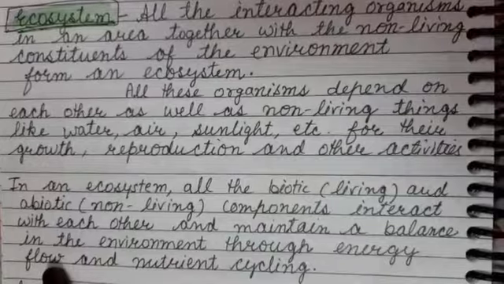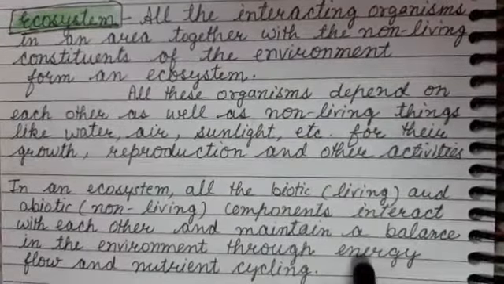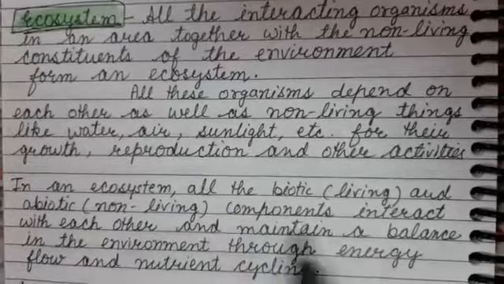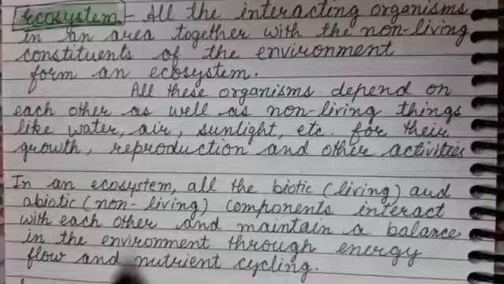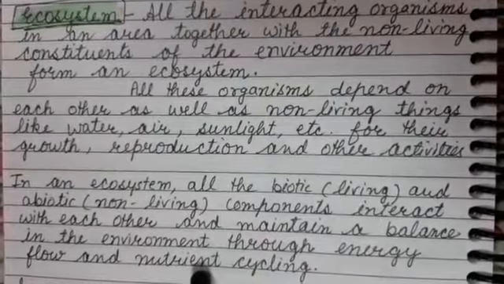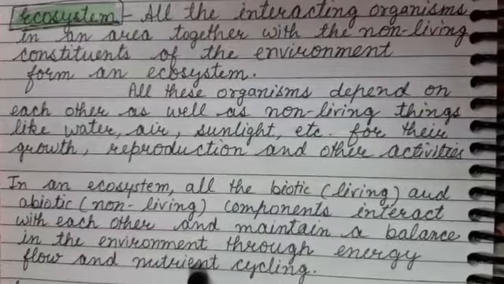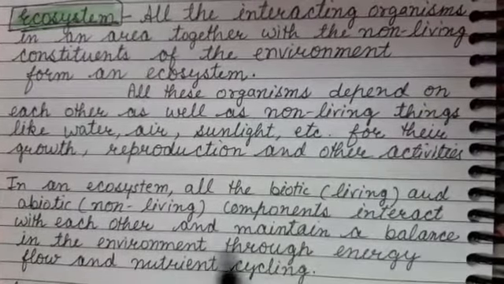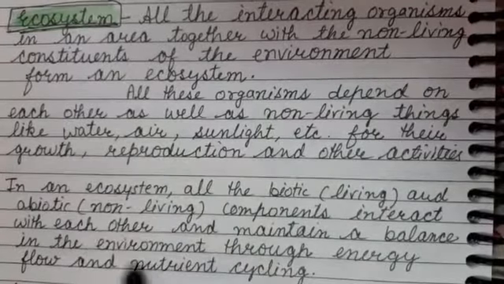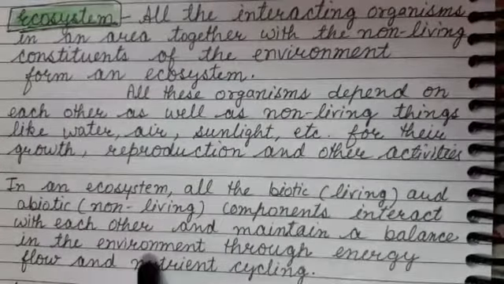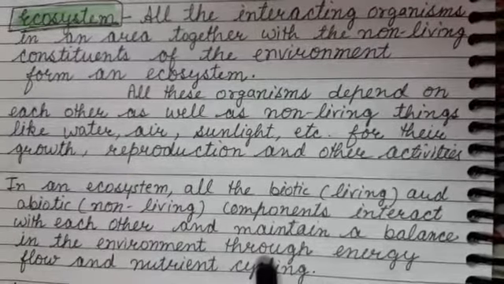Energy flow means who eats whom, how energy flows from one organism to another organism, and nutrient cycling means the recycling of various nutrients like oxygen, carbon. You have studied in class 9th now, biogeochemical cycles. So through these cycles, these nutrients revolve between biotic and abiotic components.